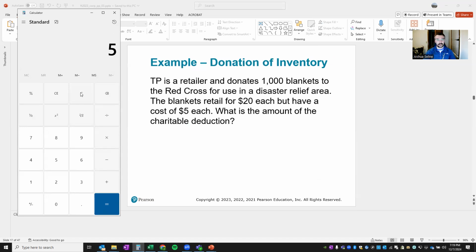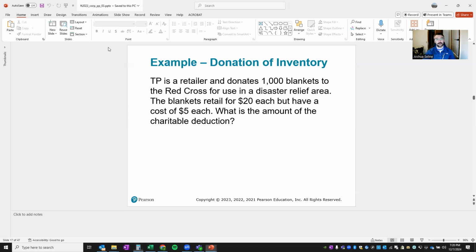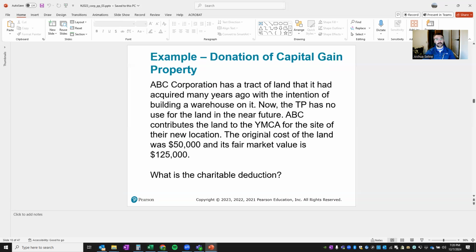It would be 5 times 1,000 plus 1/2 of the markup. So you've got 5,000, and the markup is 15, half of which is 7.50, so that's 7,500 plus 5,000. The deduction would be the cost plus 1/2 of the markup, on 1,000 blankets.